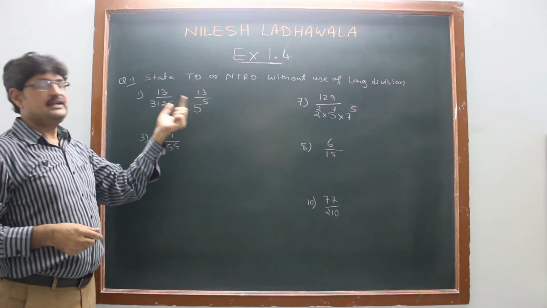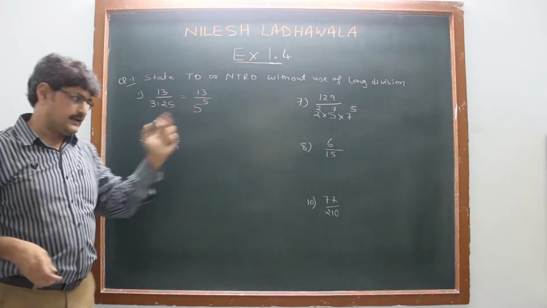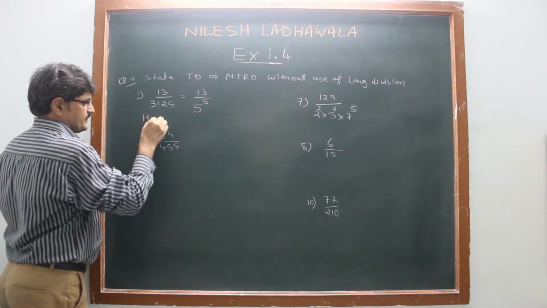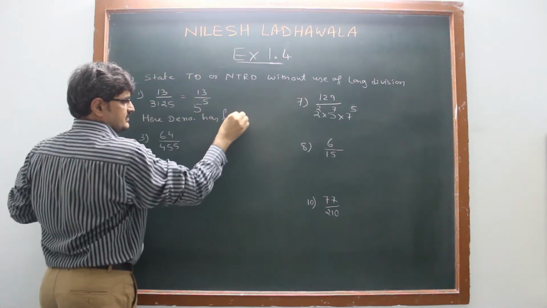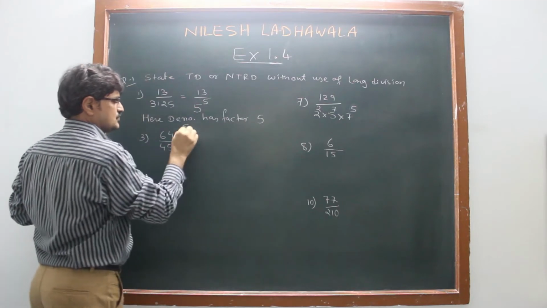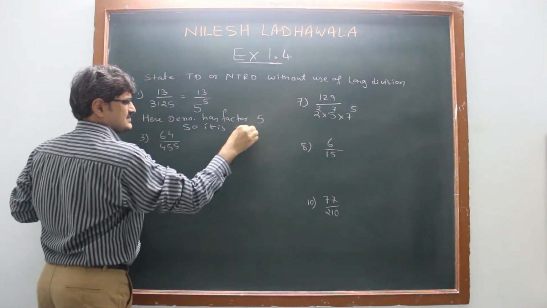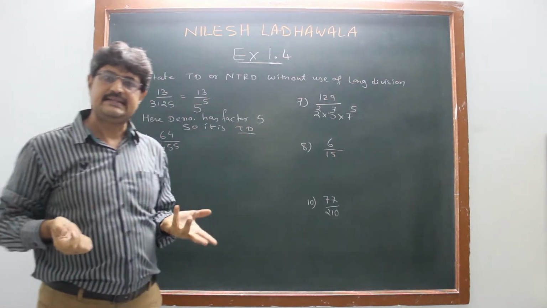So here the denominator has factor 5, so it is TD.